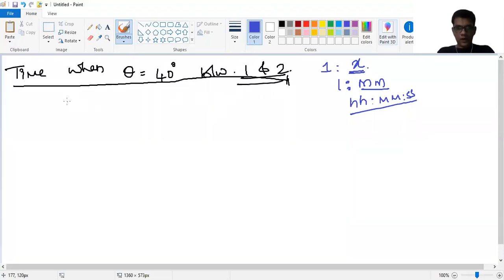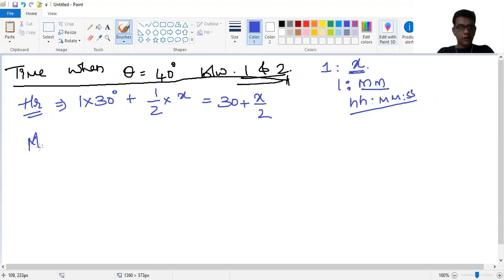If it is 1 hour and X minutes, the hour hand has moved for 1 hour, which is 30 degrees, and X minutes, which is half a degree each. I'm taking X because I'm comfortable with X; you can take anything you want. That means this has traveled 30 plus X by 2.